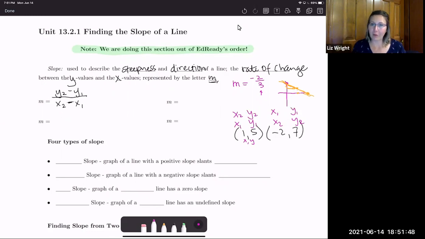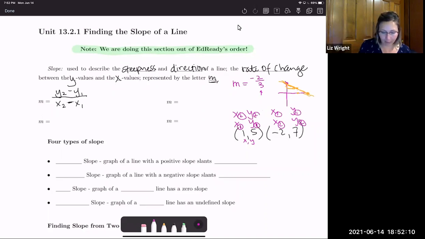What does matter is that if you say that this is x1, then this one has to be y1. So the ones have to be together in the same ordered pair, and the twos have to be together in the same ordered pair. So that's how it does matter.